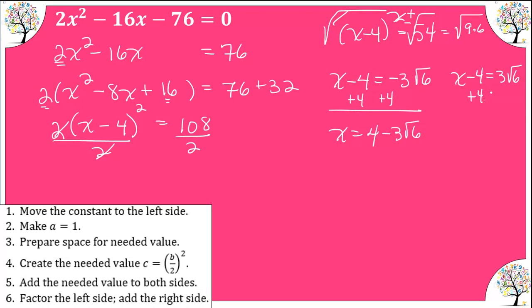We add 4 to the positive root, and we have x equals 4 plus 3 radical 6. And I always put my integer first and then the radical expression. And if you were asked to plot these on a graph, you would simply just use a calculator to get an estimated decimal.